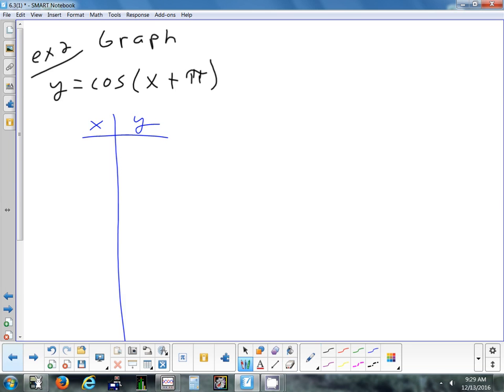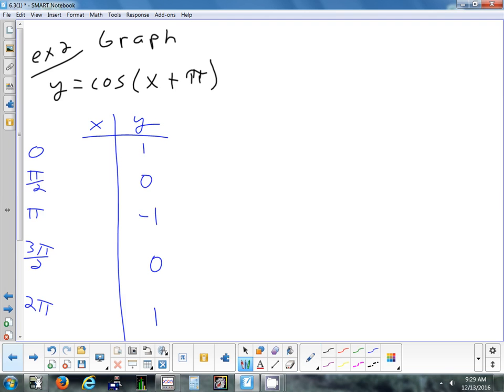Can you tell me my y values for cosine? 1, 0, -1, 0, -1... Yep. In your tables, half done, because the y values aren't changing. Now we're going to take all the x values, 0, pi over 2, pi, 3 pi over 2, and 2 pi. Sine and cosine have the same x values.